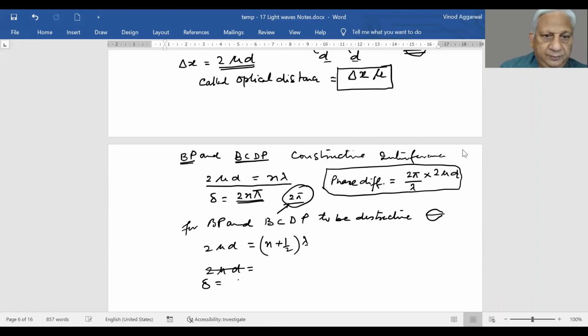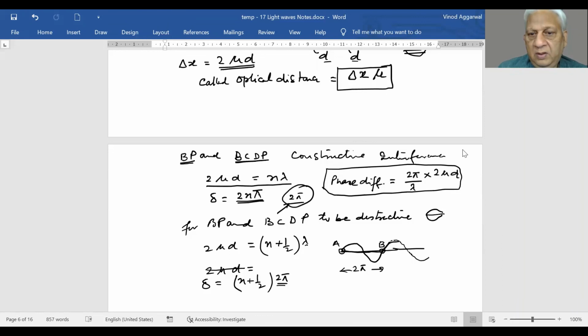The phase angle, we have seen, is such that when a wave travels 2 pi distance, it comes back to its original starting position. Suppose it started from here. When it comes to B, having traveled 2 pi angle, the phase becomes the same. Next it will go like this. If there is another wave which is supposed to oppose it, then it should start from here.